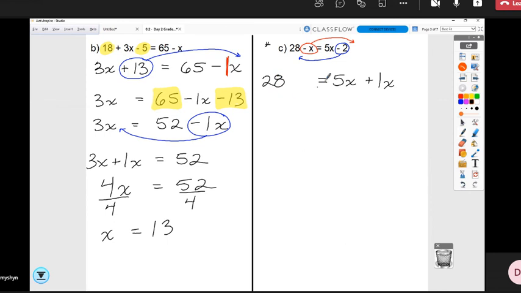And that minus 2 will change to a plus 2. So we actually did a couple of lines of math in one line, really. So if this is my equal sign, on the right side, 5x plus 1x is 6x. And on the left side, 28 plus 2 is 30.